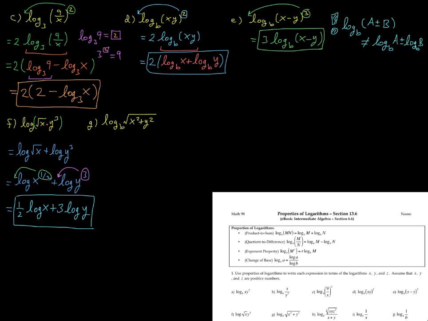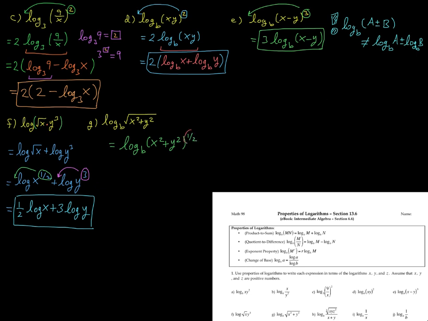G, log base b of the square root of x squared plus y squared. Well, just like we saw in part F, a square root is really the same thing as putting that quantity to the 1/2 power. So here in part G, I could start by saying, well, this is the same thing as log base b of the quantity x squared plus y squared to the 1/2 power.